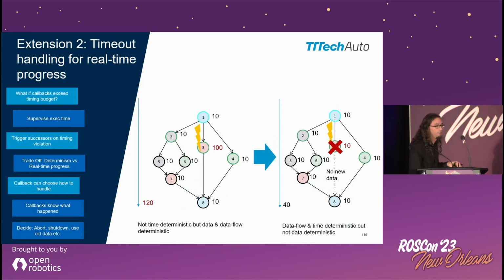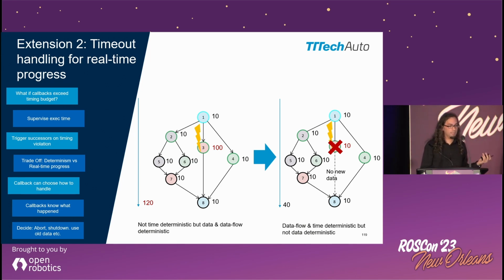Another extension is timeout handling. So if we take the left graph, if callback 3 takes longer, the whole processing will take longer, right? I mean, this is the problem in ROS2 already, but it would also in the data flow approach be a problem if we used 10 time units, but in reality it takes 100 time units, right? It will just take longer, so the scheduling does not really help, so it will be delayed.